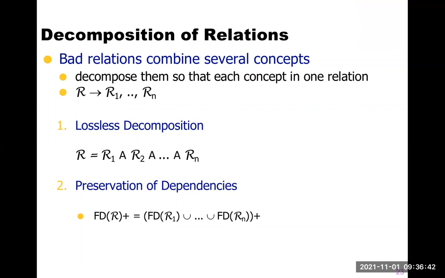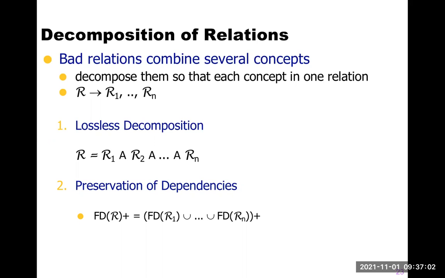If we want to normalize something, then we need to split a single table, a single relation, into two, or maybe into multiple tables, in such a way that every concept belongs to only a single relation. That's the main goal of normalization.